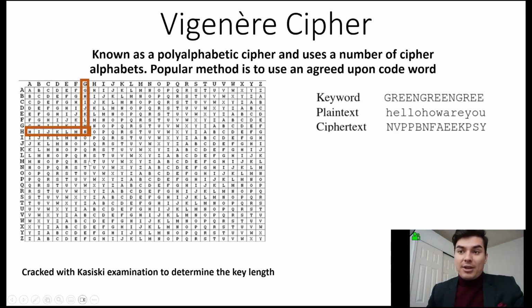And the output here on how you would figure this out is we match G with the keyword, and then H is the plain text, which is hello, how are you? And we map this all the way out, giving us a ciphertext of N. And as you can see, it's A through Z, and then the next row here starts with B. It was cracked with the Kasiski examination to determine the key length.